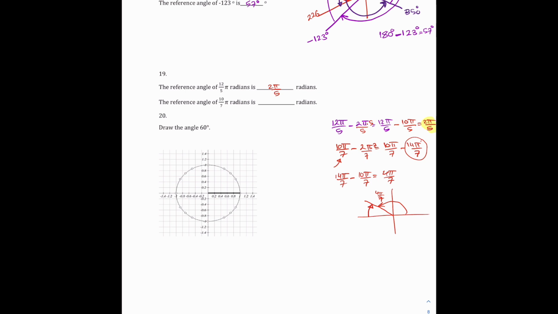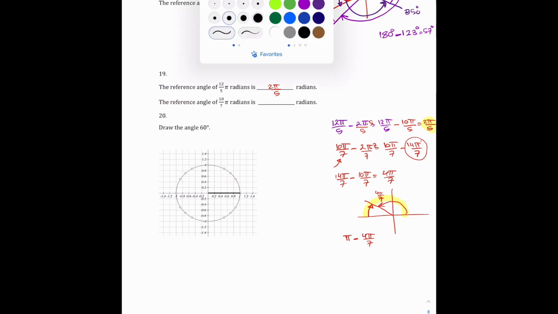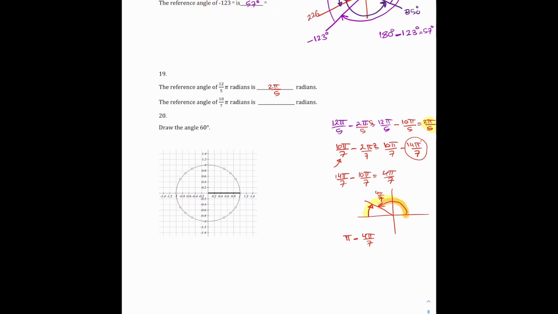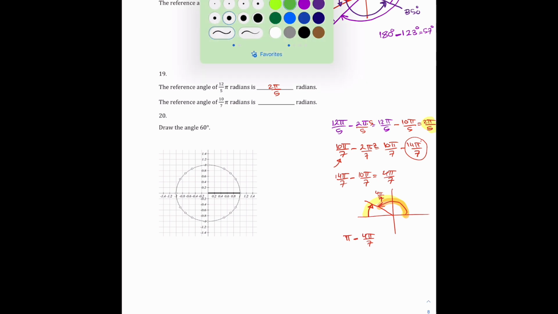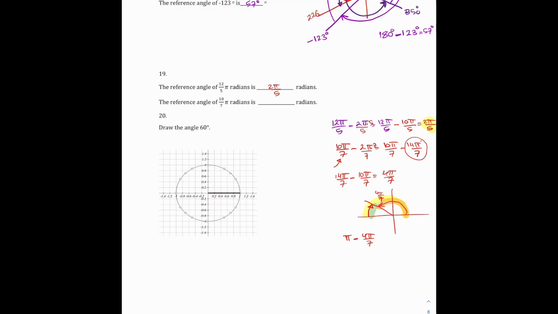Since this is in radians, we're going to say pi minus 4 pi over 7. It's going to give me the reference angle, this angle right here. That is the process. We need this common denominator, so I'm going to multiply by 7, divide by 7. So I have 7 pi minus 4 pi is 3 pi over 7. And that is the reference angle.